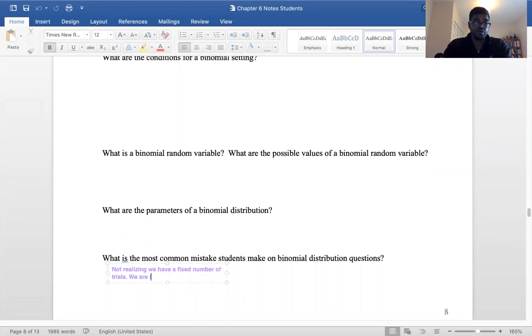Okay, we are looking for counts in a fixed number of trials. So for example, if we're flipping a coin 100 times, x could take on 100 different values, 0 to 100. Okay, and we want to find the specific probability of, let's say, x being 20. So what's the likelihood we only get 20 heads when we flip 100 coins? And that's kind of what we're going to do with this.